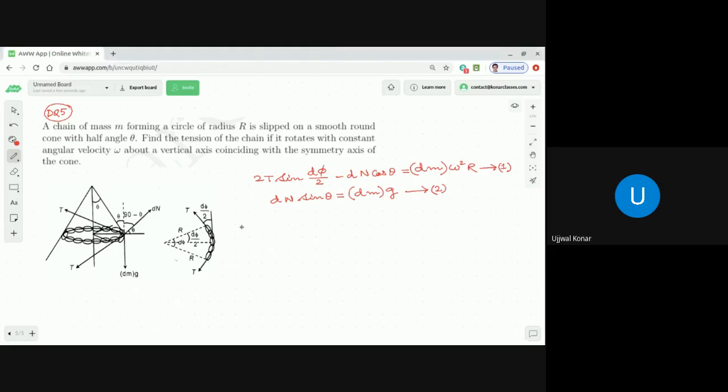So from these two equations, what we are going to get is that 2t into sine d phi by 2 minus dm into g into cot theta is equal to dm into omega square into r.